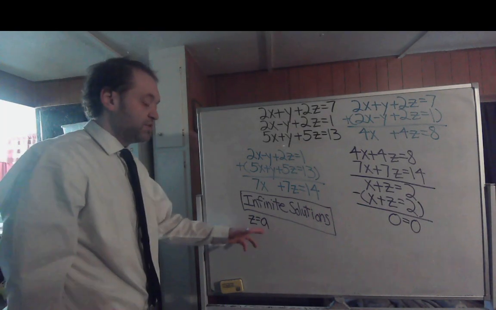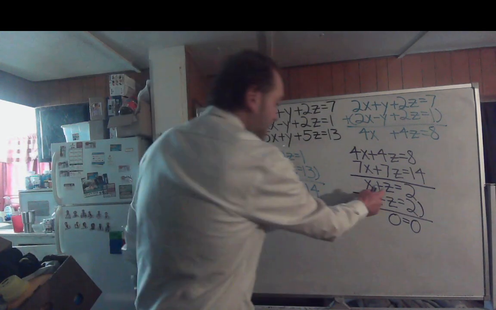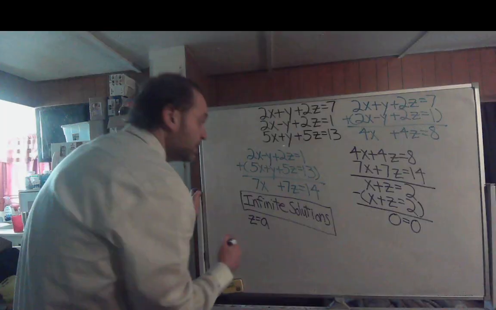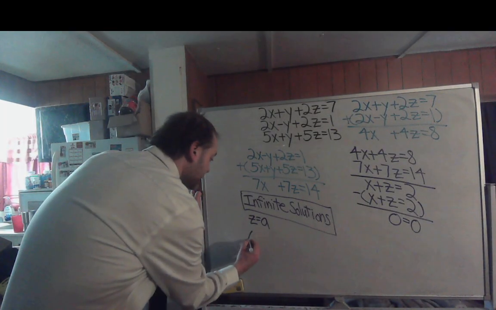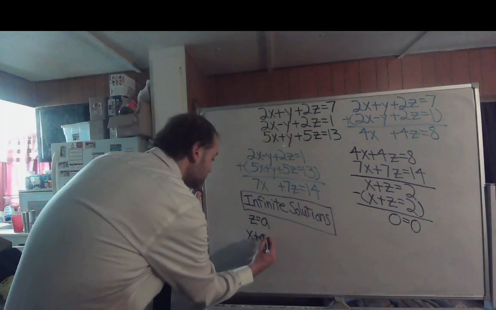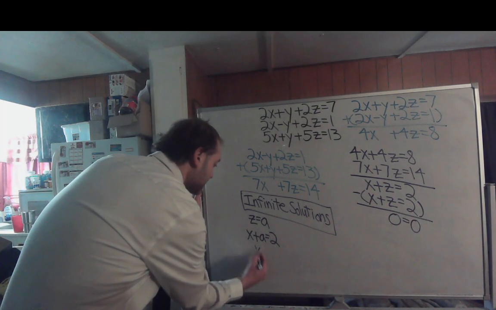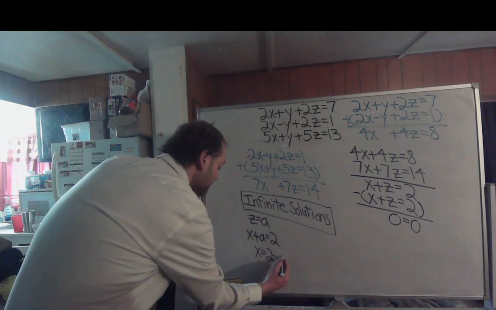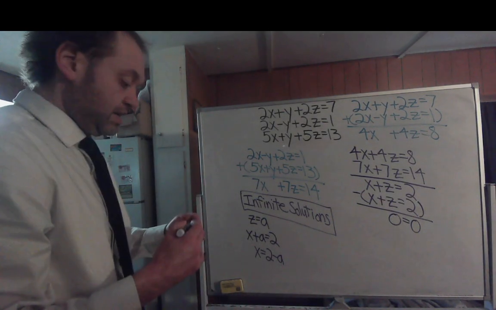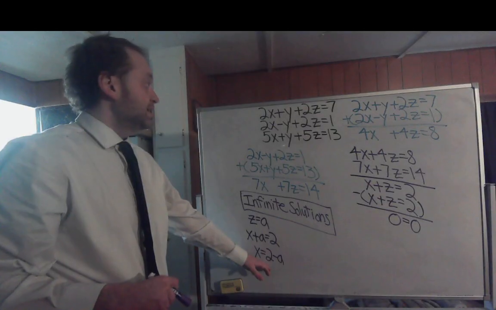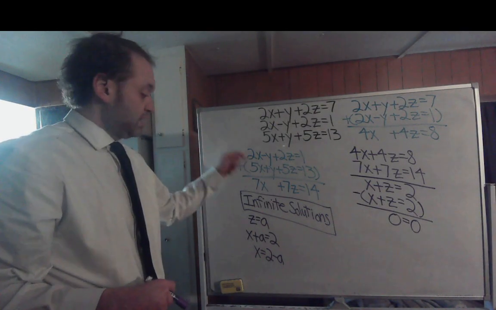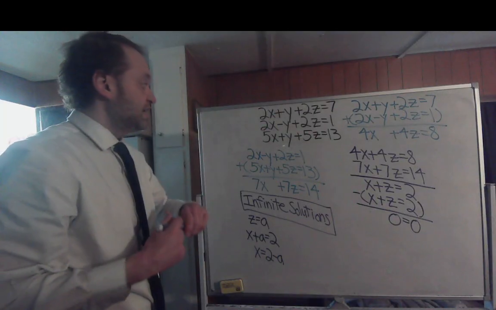Next thing I would do with that a, solve for your x. So you would take x plus a equals 2, which means x equals 2 minus a. And then take that 2 minus a, and your a, put those into any of these equations.